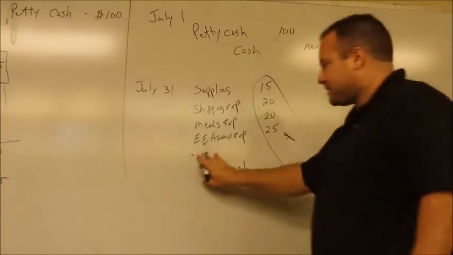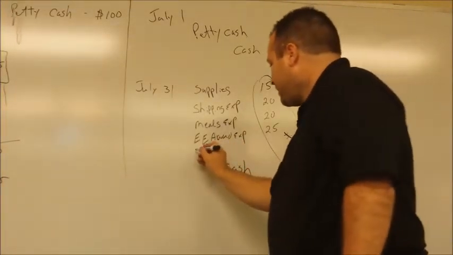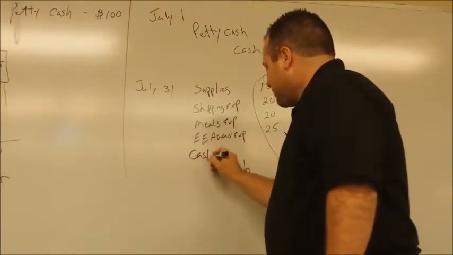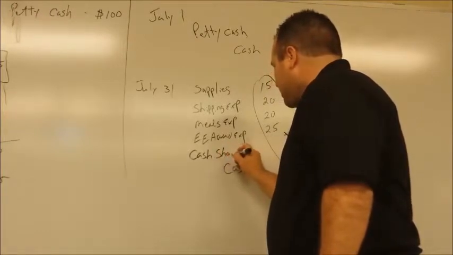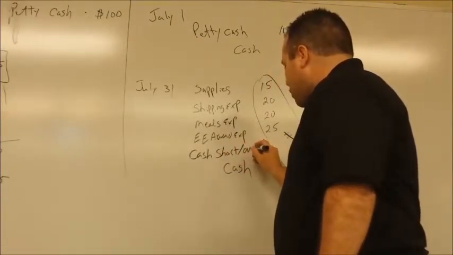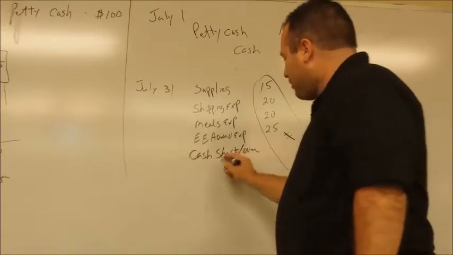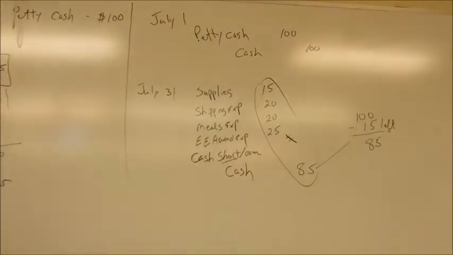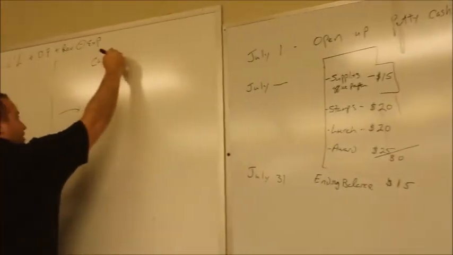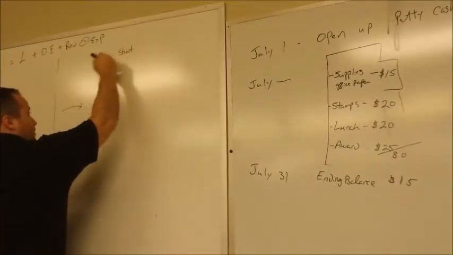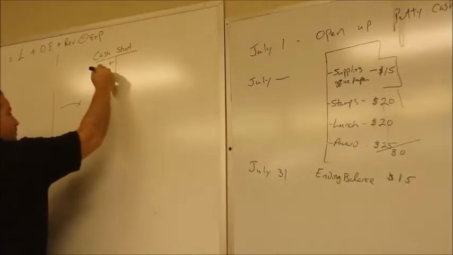Now, this last debit here is a new expense called cash short. It's actually called cash short and over, but typically it's more short than over. This would be an expense type account, cash short. Is that a voucher account too?